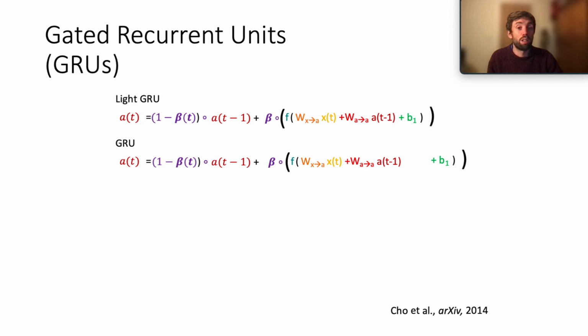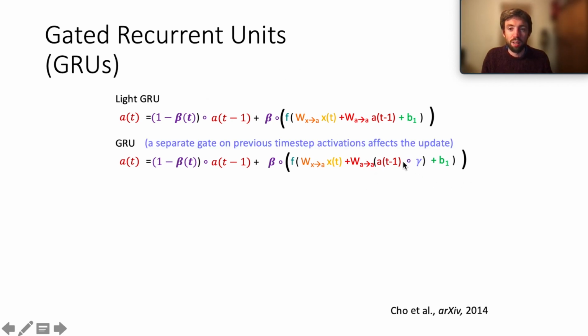Although we're building up a layer of complexity of the model, we're actually stepping backwards in time. The light GRU came as a simplification of the GRU, or gated recurrent unit. We can see that the GRU equation here looks exactly the same as the light GRU equation, but it additionally has another gate, and this is a separate gate on previous time step activations that occurs at this linear stage of the update equation.